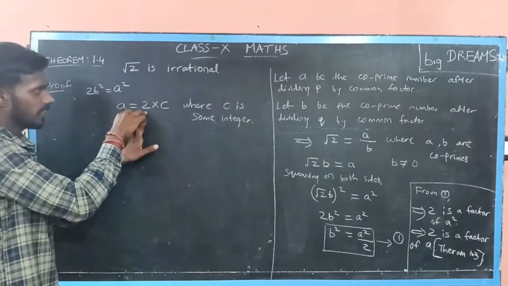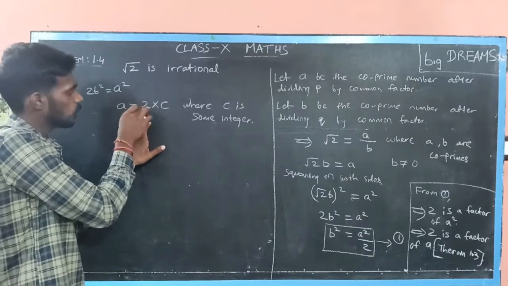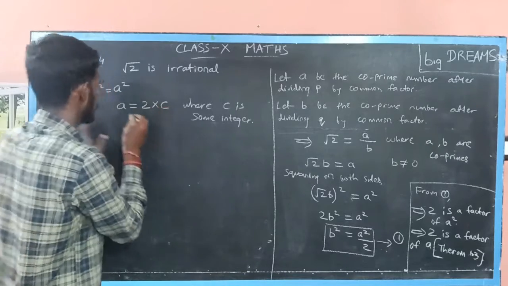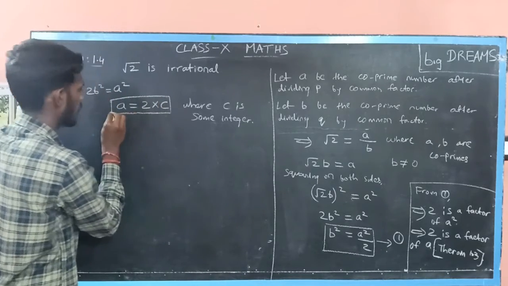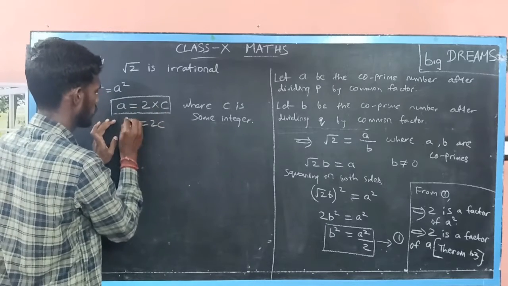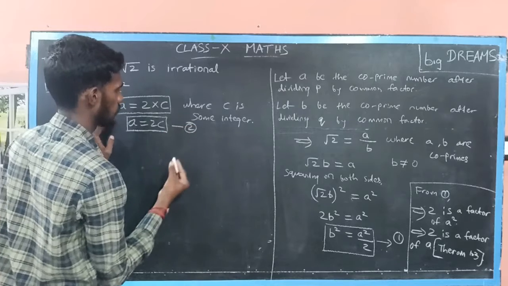Because 2 is a factor of a, I can represent a as 2 into some integer value c. So a is equal to 2c. Mark this as 2.